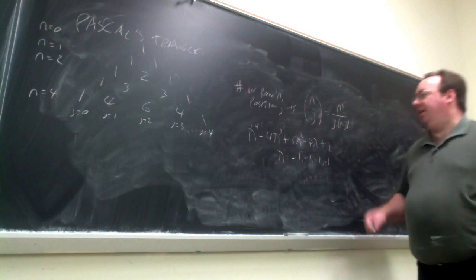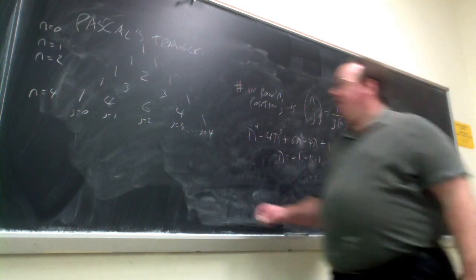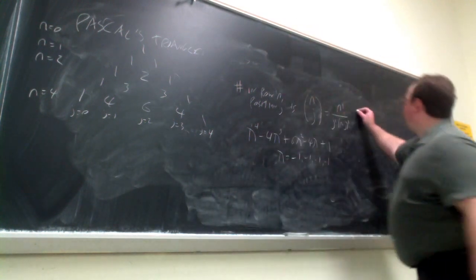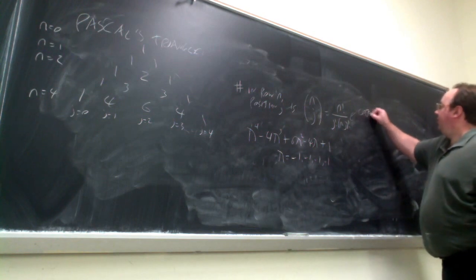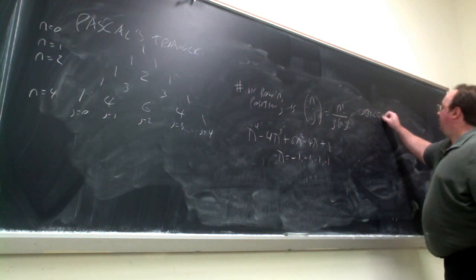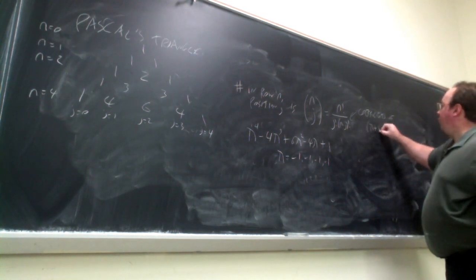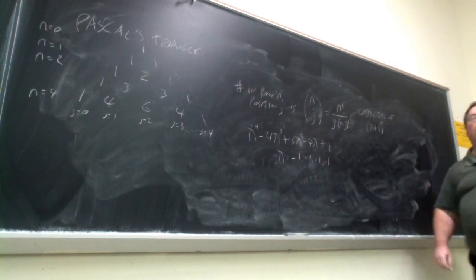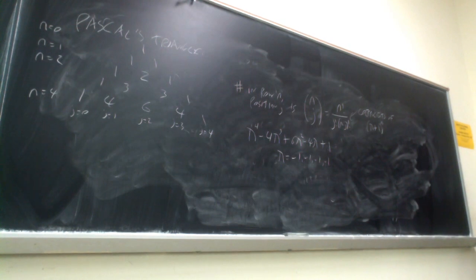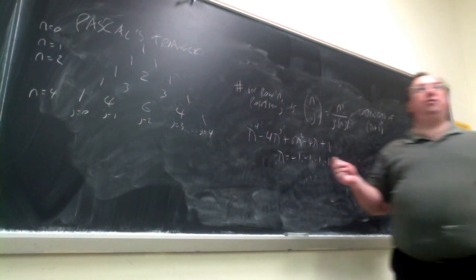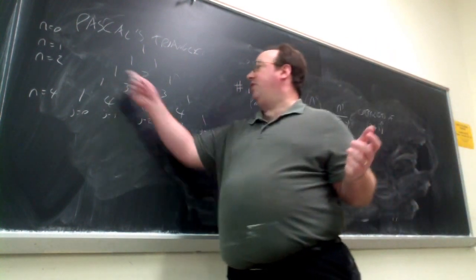So the idea is these numbers are the coefficients of lambda plus 1 to the nth power. So for instance, if you have x plus 1 squared, quantity squared is x squared plus 2x plus 1.